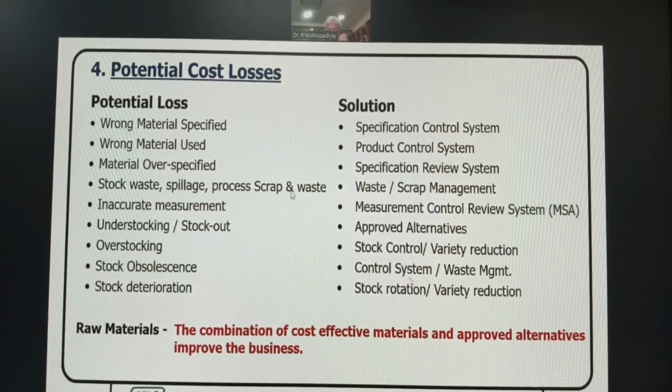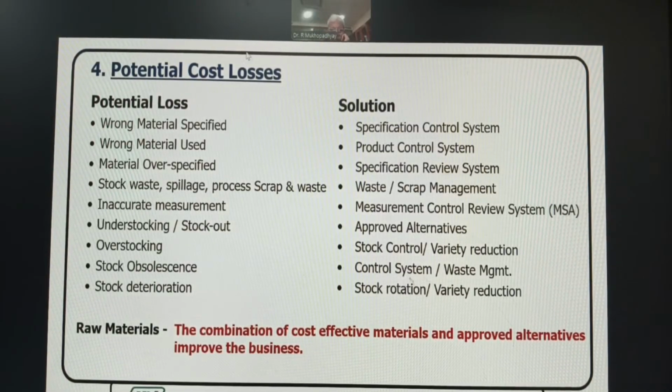Stock waste, spillage, process scrap, waste scrap management. Inaccurate measurement needs a control system. Because today, most of them we do online and offline detailed measurement. Mostly online measurement with sensors, and low cost automation also helps. So if you go for a factory working with different sensors to control that, this cost will reduce drastically.